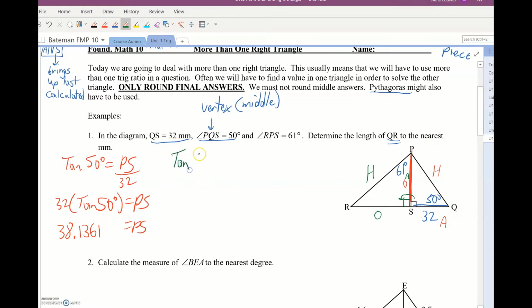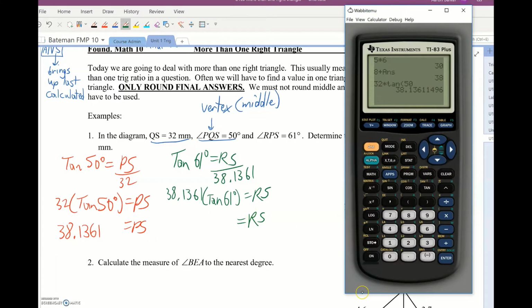Tan 61 degrees equals opposite, which is RS, divided by O, which is 38.1361. So RS equals 38.1361 times tan 61 degrees equals RS. So then you go to your calculator and find RS.